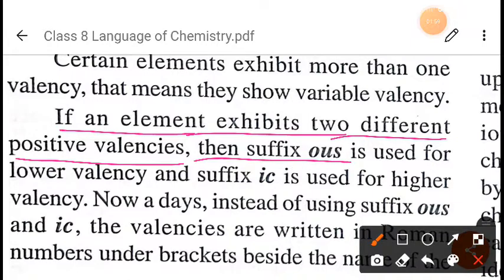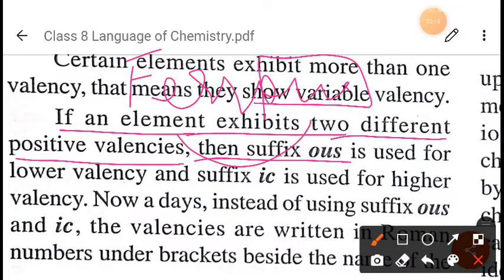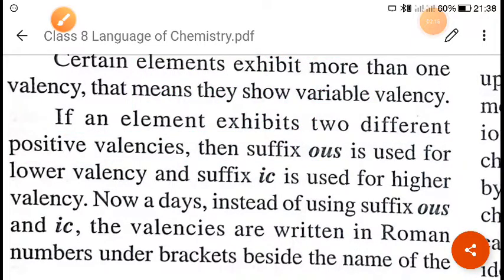Prefix and suffix you know, right? Suffix means, suppose this is a name, FERROUS. This OUS is what? Suffix. It is written after the name, right? I hope you have understood this.